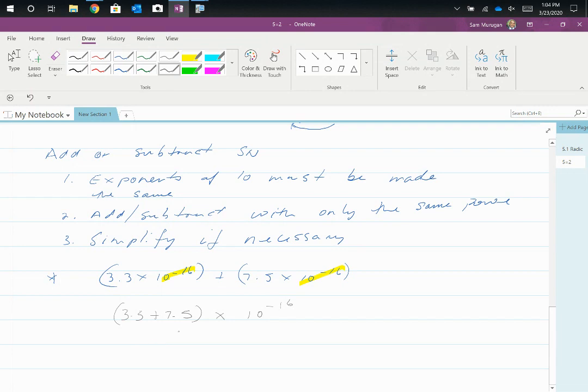So this is 10.8 times 10 to the power negative 16.